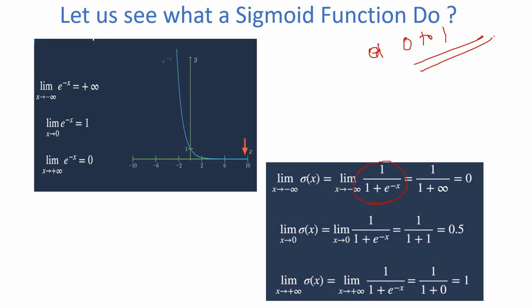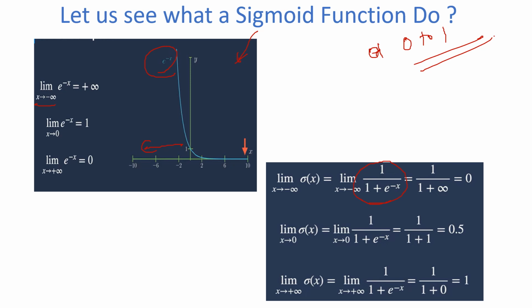We'll first understand this graph. You see a graph of e to the power of minus x. What happens to e to the power of minus x with various values of x? When x is going to the large negative side, reaching large negative values, e to the power of minus x is tending upwards to plus infinity.